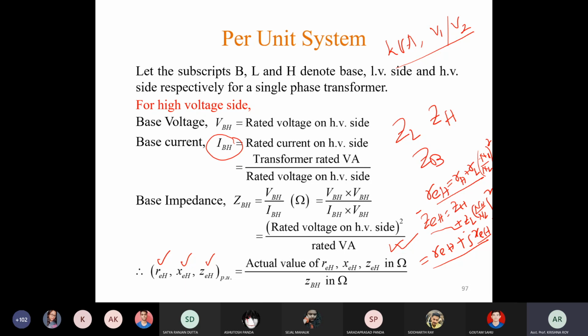But see, suppose this one is VBH and this one is VH. VBH and this VH are the same, so the per unit value will be 1, isn't it? We have taken the base voltage of the high voltage side as the rated voltage on the high voltage side, so this value and this value are basically the same. So if you take the per unit value, you will get 1. Yes, sir.